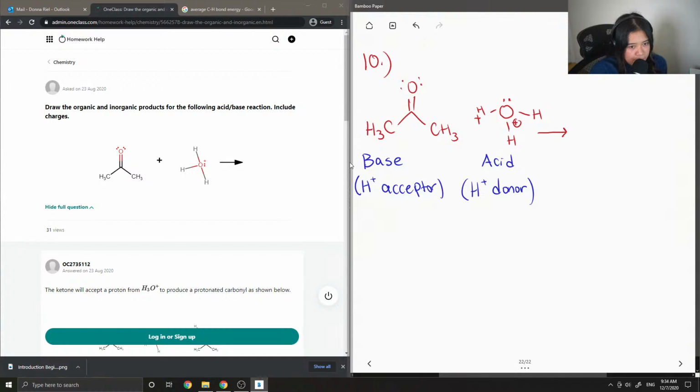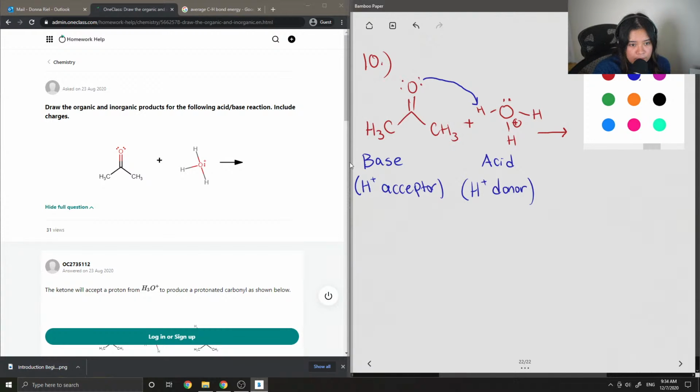So we can draw this mechanism showing that one of the lone pairs of oxygen will take one of the protons from H3O+, and this will neutralize its positive charge.